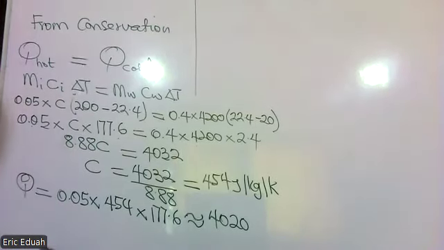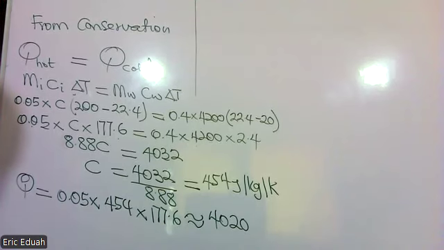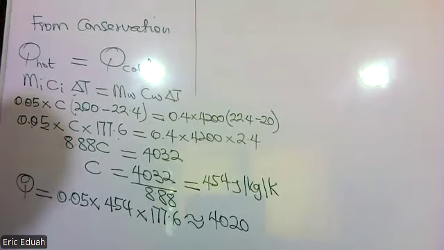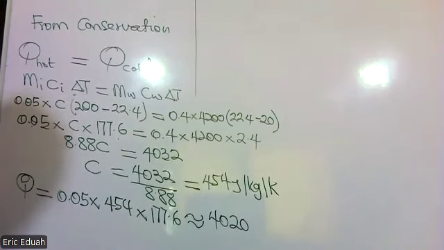Let's quickly tackle the second question. A cowboy fires a silver bullet with a mass of 2.00 gram with a muzzle speed of 200 meters per second into the pine wall of a saloon.